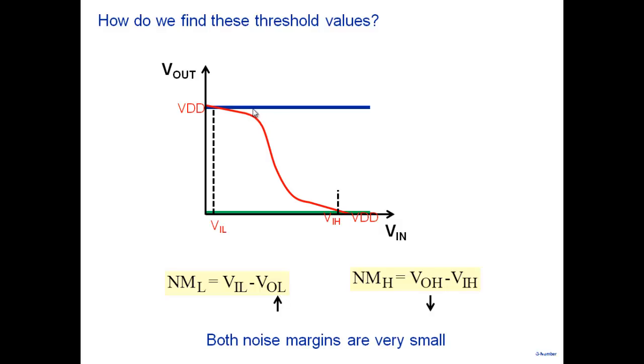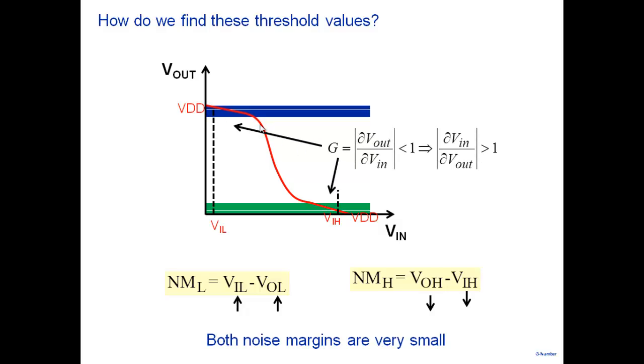If you decrease VOH, VOH becomes like this here. VOH you decreased and VOL you also increased by the same amount because it's symmetrical. Let's say I decrease VOH by 0.1 and I increase VOL by 0.1. Symmetrical. What happens to VIL? VIL goes here.